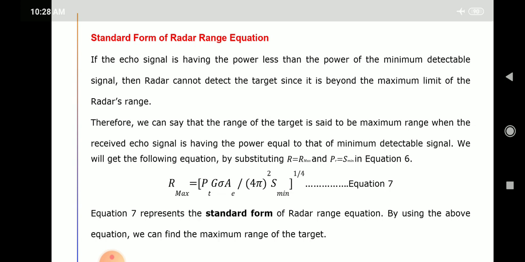This is an important factor. Therefore, we can say that the range of the target is the maximum range when the received echo signal has power equal to the minimum detectable signal. We get the following equation by substituting R equal to R maximum and PR equal to S minimum in equation number 6.